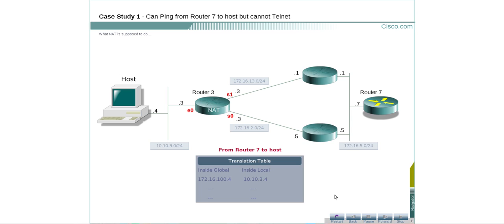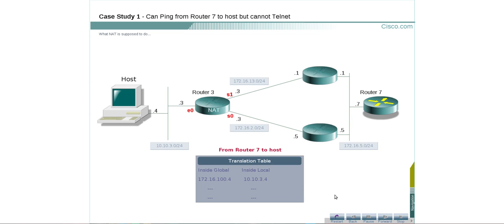Based on our configuration, what will the packets look like as they transition the network? First, our NAT translation table will be populated with the inside local and inside global addresses defined in the static NAT command.